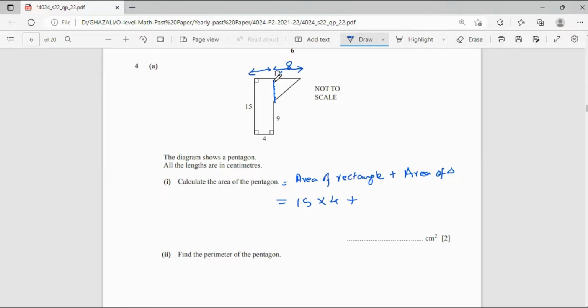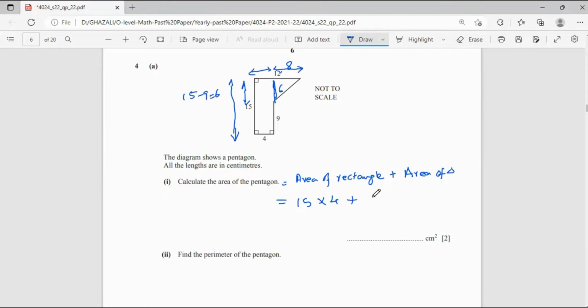This other length can be found by subtracting: the total length is 15, 15 minus 9 is equal to 6. This length will be equal to 6 centimeters.